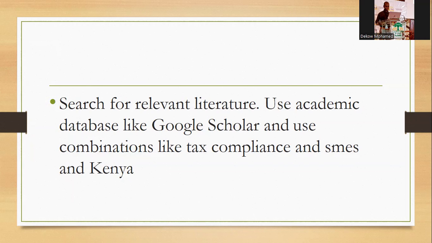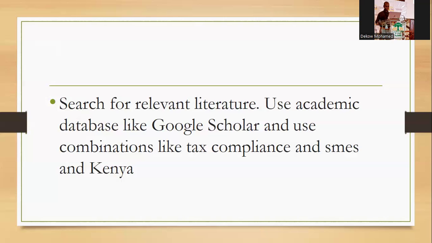For example, if we are talking about tax compliance and SMEs in Kenya, you do that combination. You write tax compliance, you write SMEs, and you write Kenya. So that combination can give you the studies that have been done on that scenario as previous studies. It will give you all the studies that have been done on tax compliance and SMEs in Kenya.